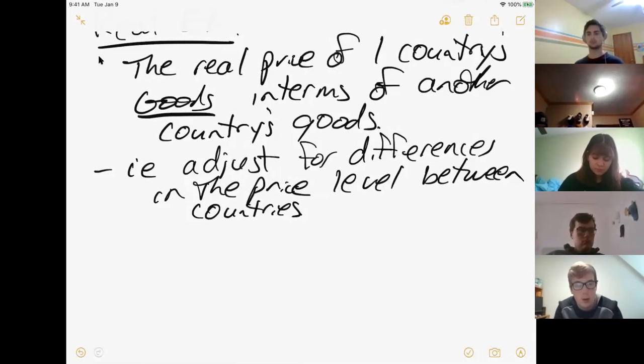We talked about adjusting for differences in the exchange rate, because obviously you can't directly compare dollars to RMB. But then we also talked about adjusting for differences in the price level, that $1 will actually buy you more in China than it would buy you in the United States. We have to adjust for differences in the price level. And so that's what a real exchange rate is.